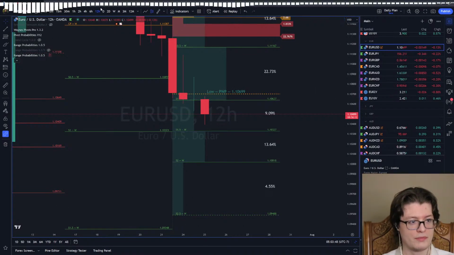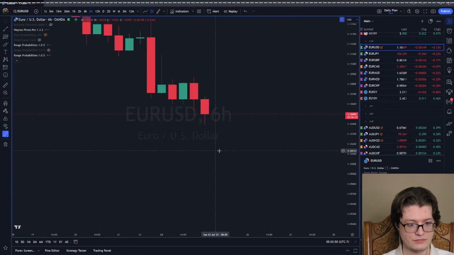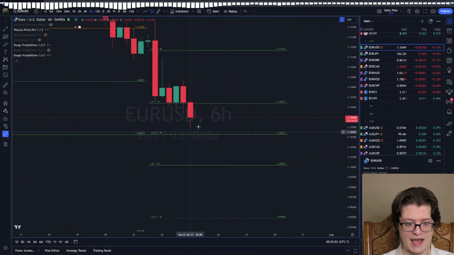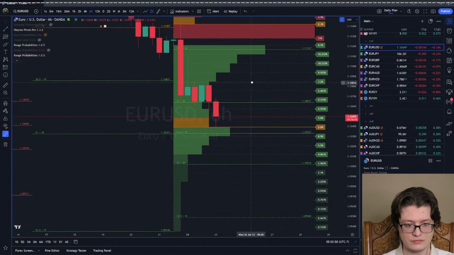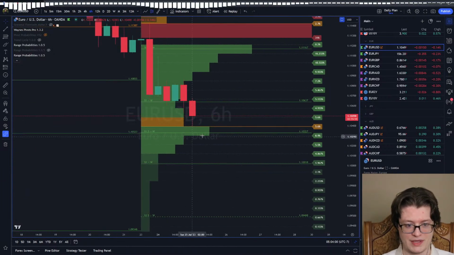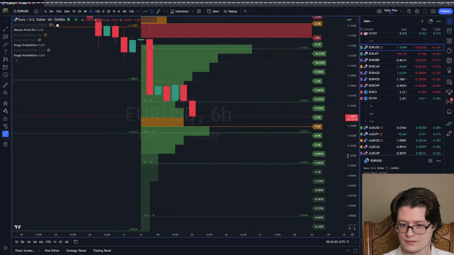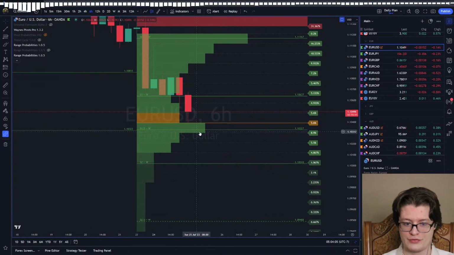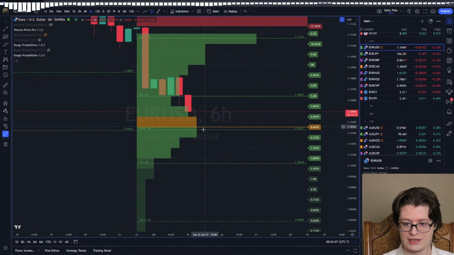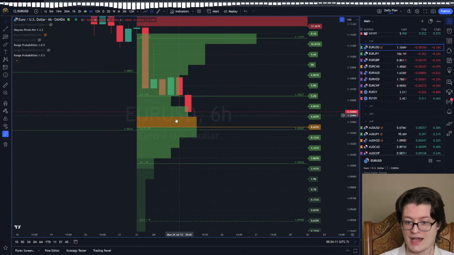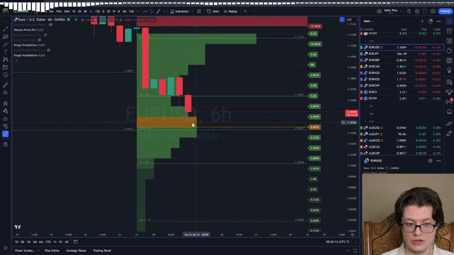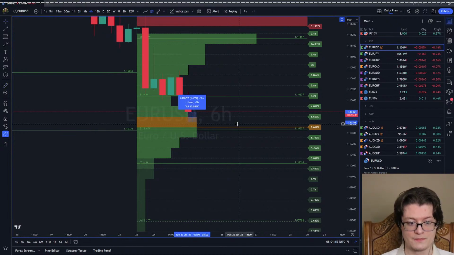But that's all because we saw range probabilities had another bump in the distribution down right here for the week. See that? Big spike. Gee, I wonder if we make another slightly lower low. In all seriousness, I don't know if we will or not. This actually could be the low for the week.